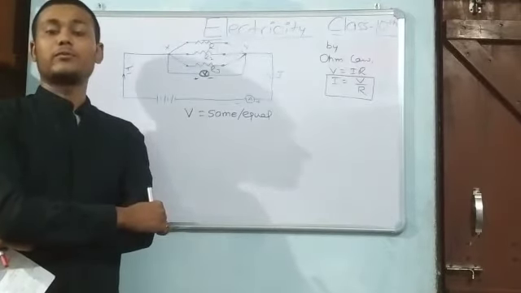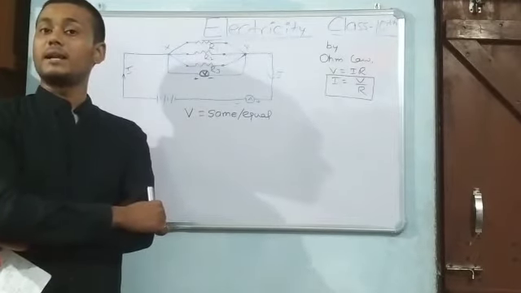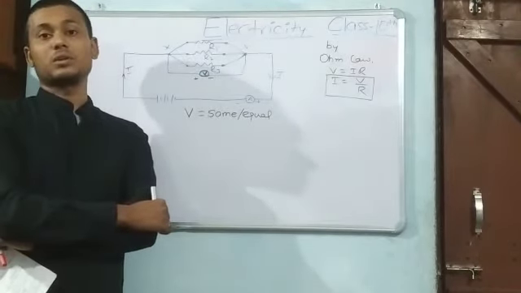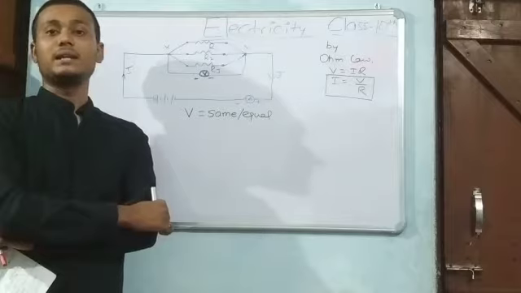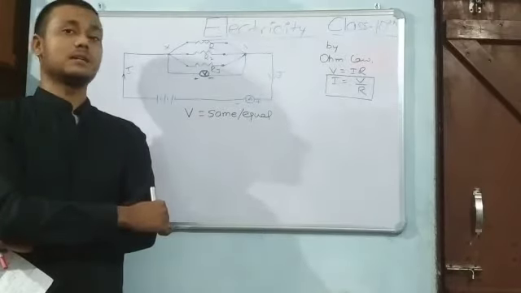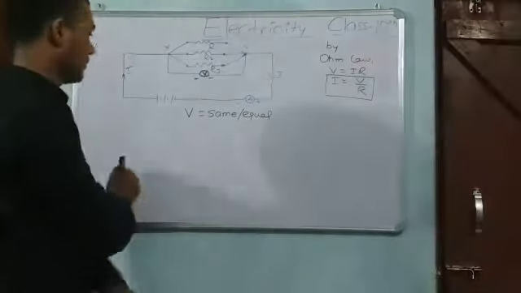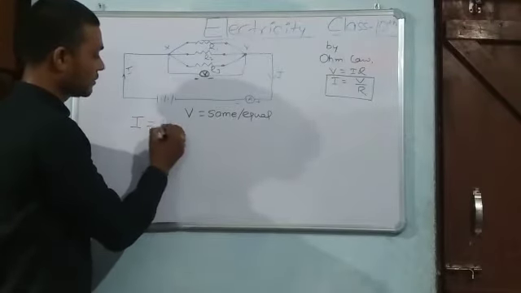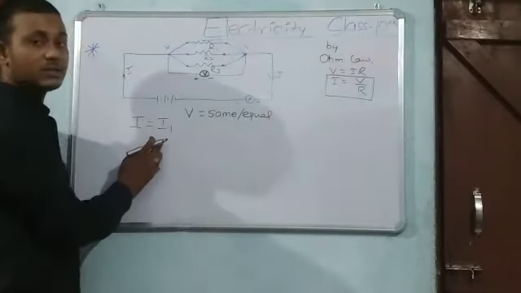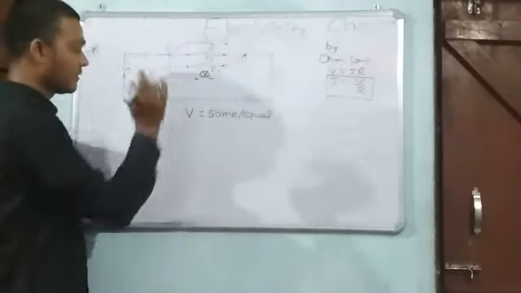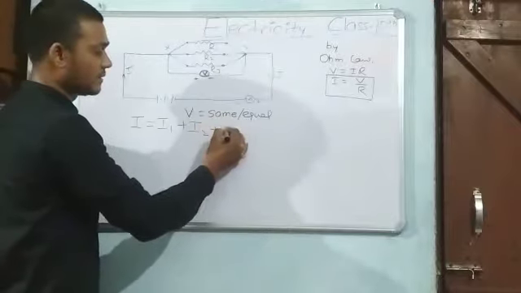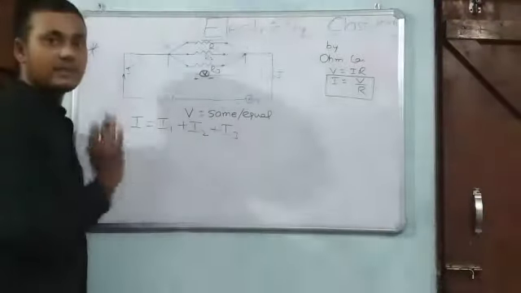So we have to find the equivalent current, which is equal to the summation of all the individual resistors' currents. Means I equivalent is equal to I1, which is the current flowing in R1 resistor, plus I2 in R2 resistor, plus I3 in R3 resistor.